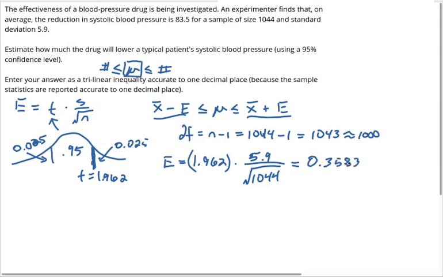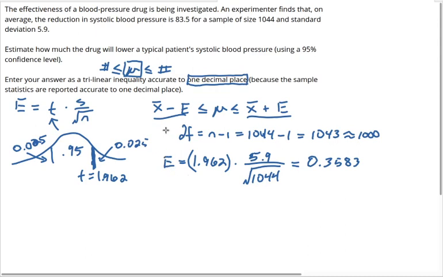Now, the answer they're looking for is rounded to 1 decimal place, but in the interim, I'm going to keep several decimal places until I get to the final answer. Because if I round here to 1 decimal place and get 0.4, that's going to introduce a lot of rounding error by the end of this calculation. So wait until the end to round to 1 decimal place.